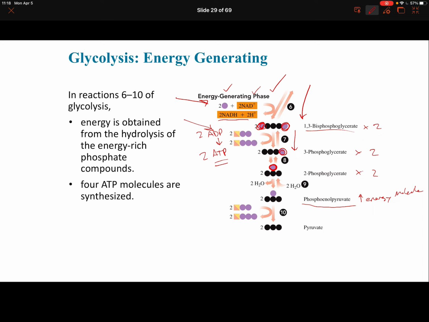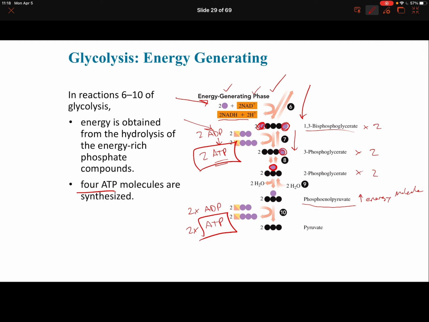And this high energy molecule is going to be able to be used to make two more ATPs. And since we've gained 4 and we put in 2, there's a net gain of 2 ATP molecules. So it says here 4 were synthesized, but remember we put 2 in.